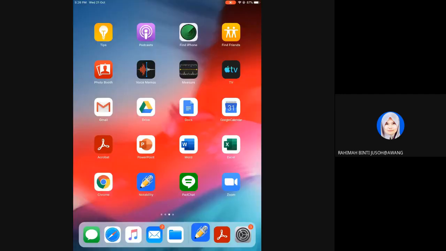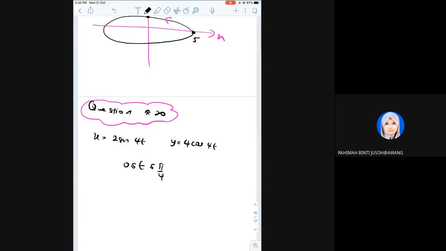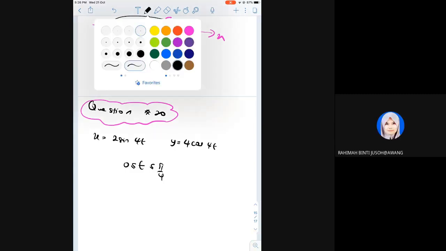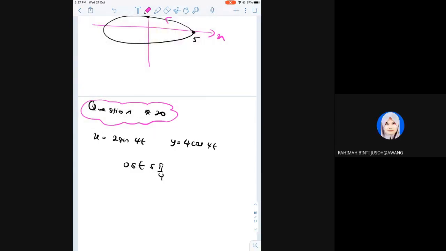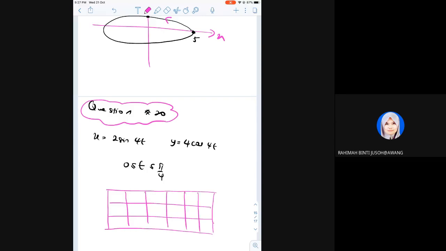Sampai pi over 4, alright. Okay. Untuk soalan tricky macam ni guys, it's better for you to plot the table so that kita tahu sampai mana pergerakan movement of the particle tu. Okay, so ini t, x dengan y.